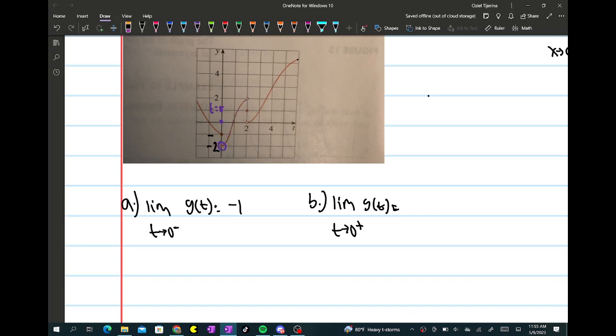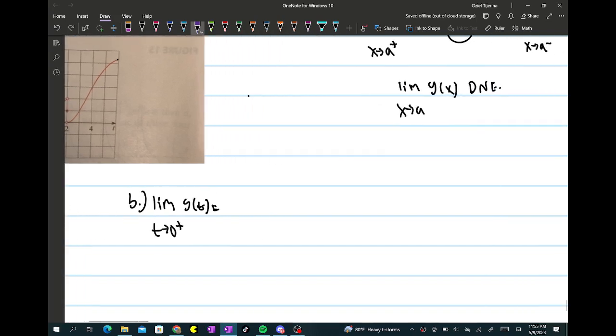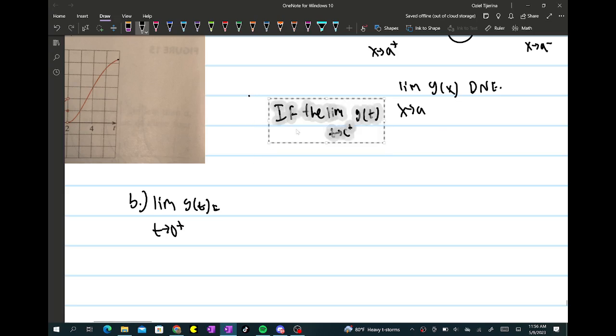Now, it doesn't have to be defined at -2 in order for the limit to exist. It's a limit, so let me write this down somewhere else actually.